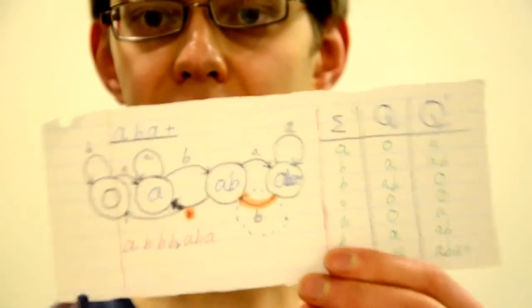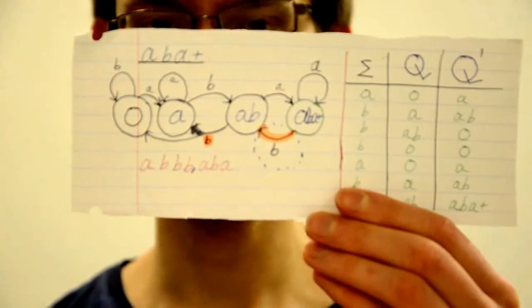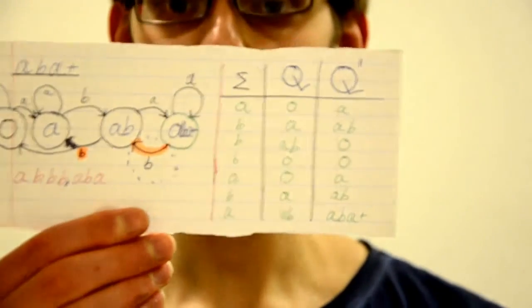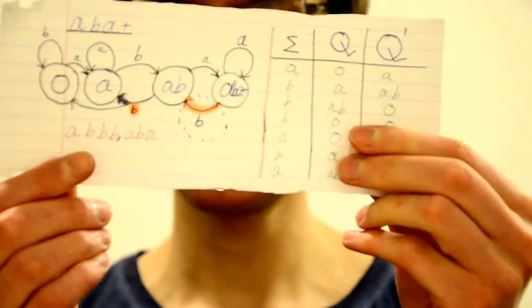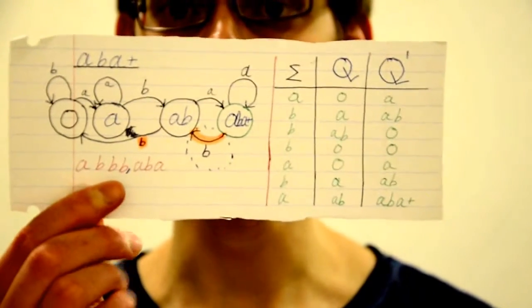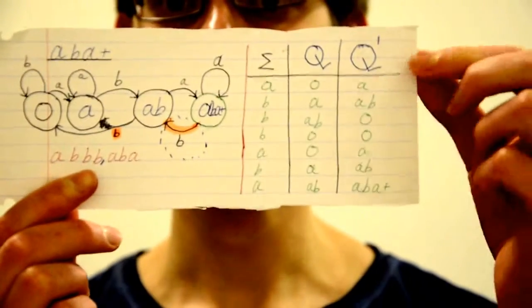Now, here is a simple example of a finite deterministic automata that will match A, B, A plus. And as you can see, here is the language that I'm submitting to it, and it will accept this language.